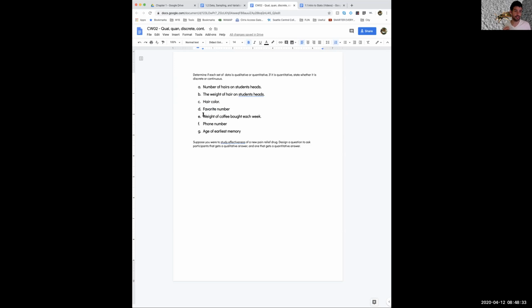Weight of coffee is quantitative, and it's continuous. We're measuring it, so weight is something we measure. Your phone number is quantitative data, and it's discrete. Phone numbers come in whole numbers. And then age of earliest memory is quantitative, and I would also call this discrete.